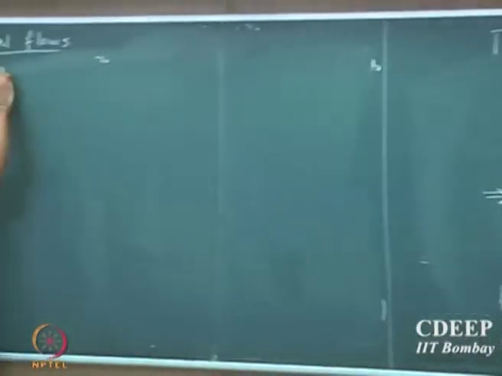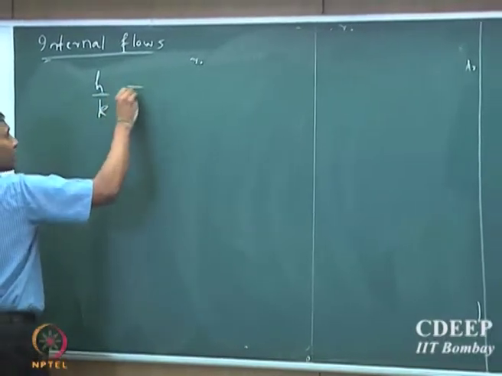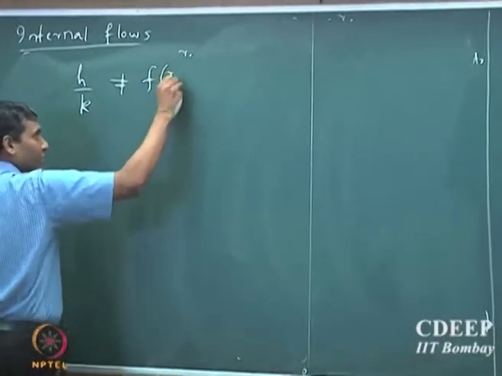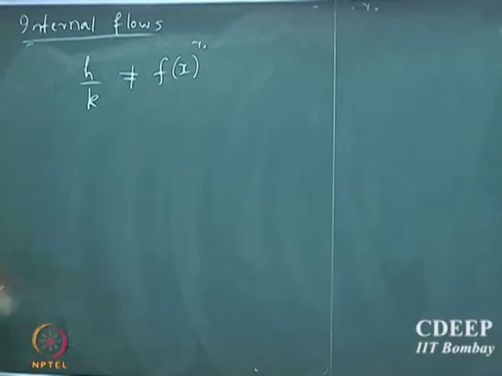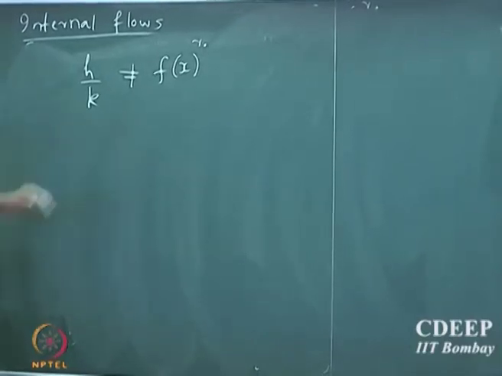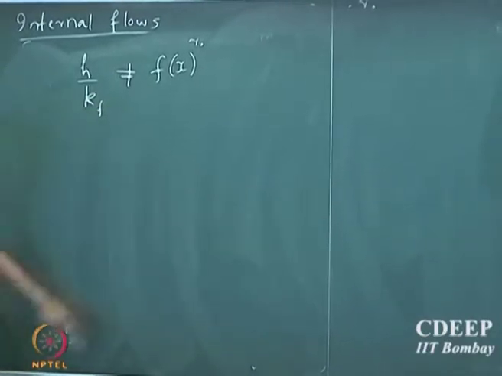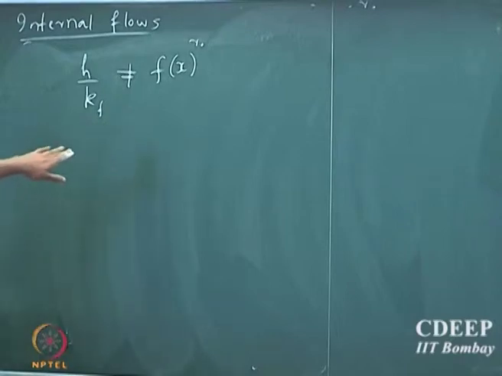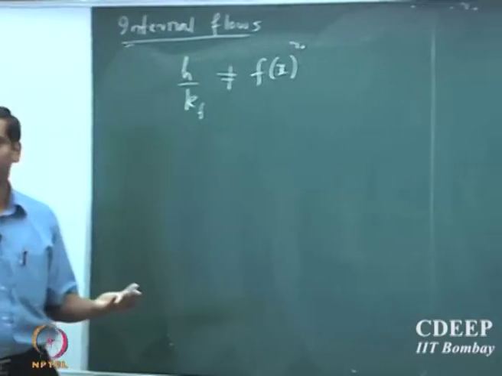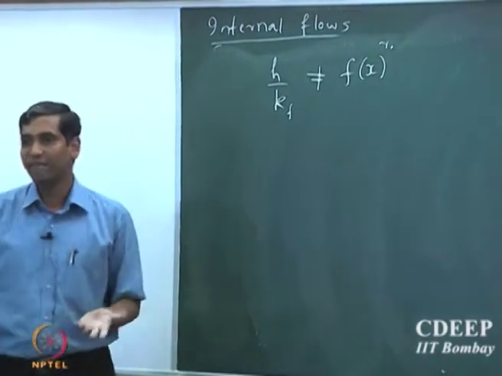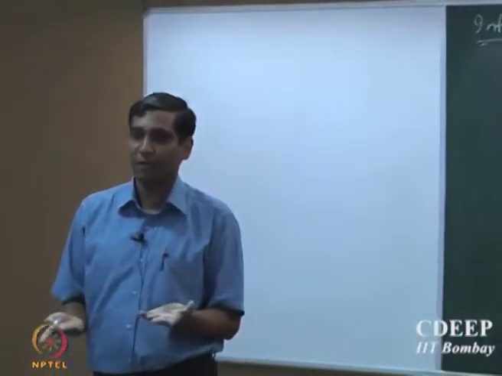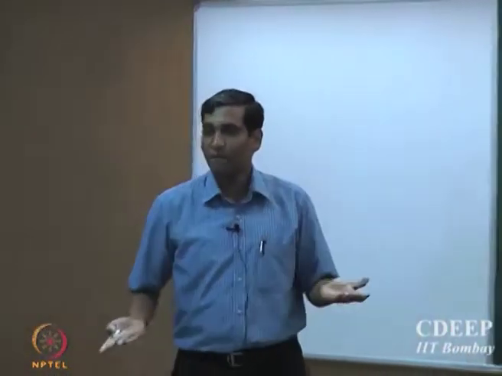Which means that h by k is not a function of the axial position. Okay, so this provides an excellent framework for comparing the transport properties for different fluids. The conductivity of different fluids are different. So this provides a very nice framework for comparing the properties of heat transport for different fluids which will have different conductivity.